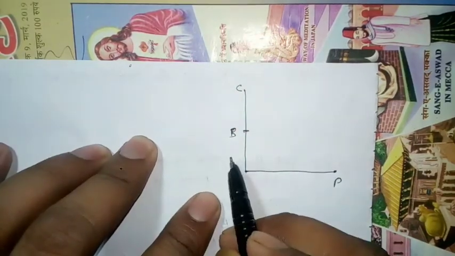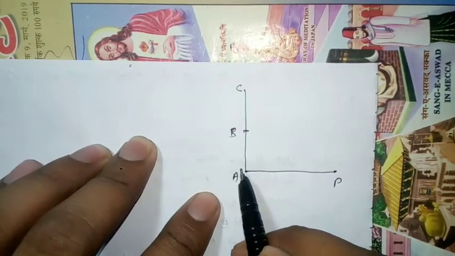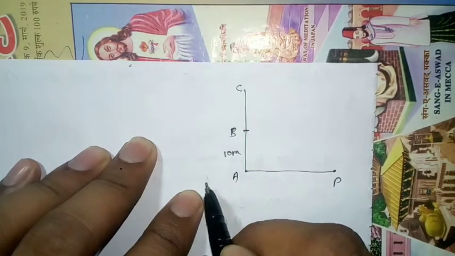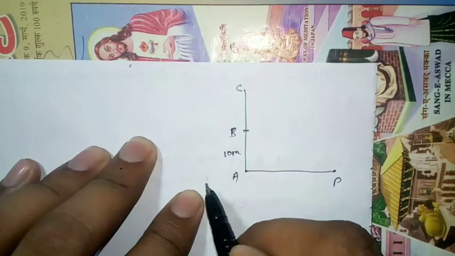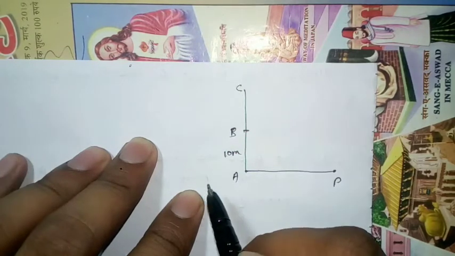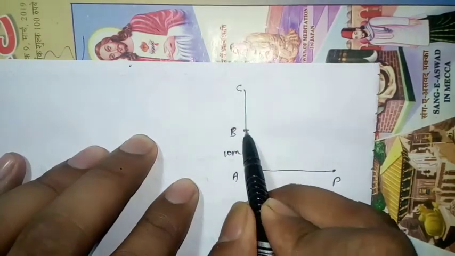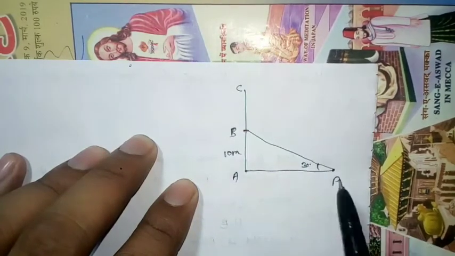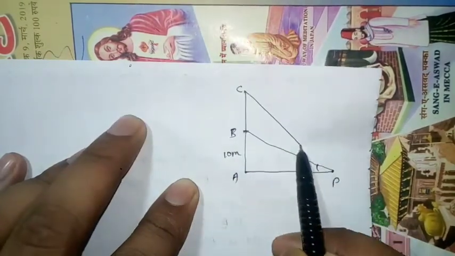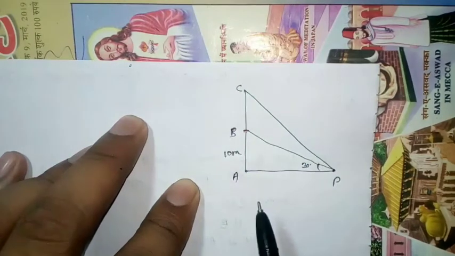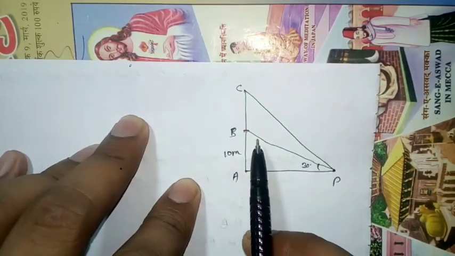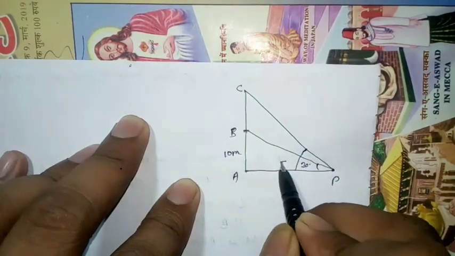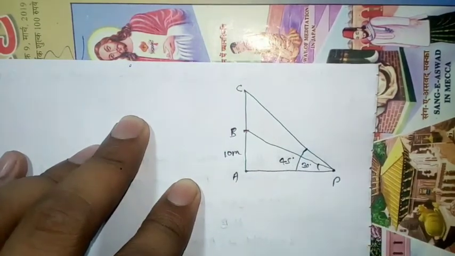Then we are given the height of the building is 10 meter and the angle of elevation of the top of the building is 30 degrees and the elevation of the flagstaff from P is 45 degrees.